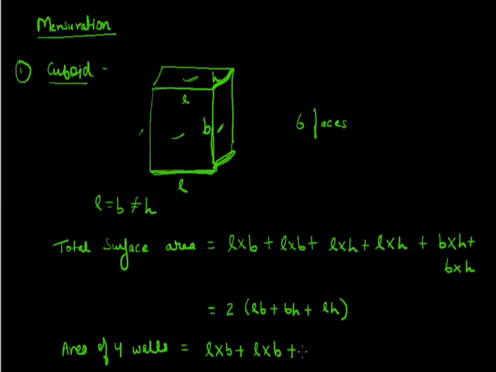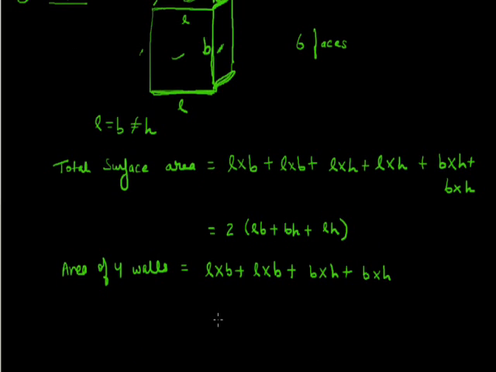The dimensions of the side faces are breadth into height, so the area of these faces is breadth into height plus breadth into height. So these are the areas of the four walls of the room or four walls of the cuboid.